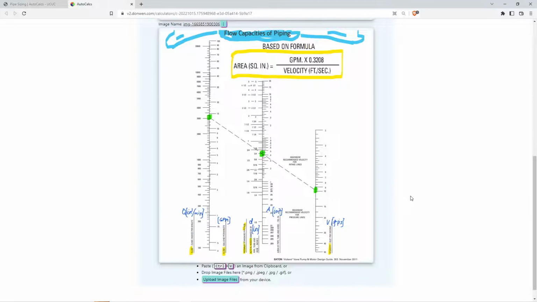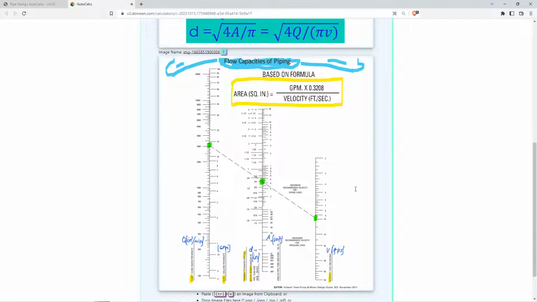I want to talk a little bit about the traditional way that I found from Eaton's website first, because I think people used to do this, whoever developed this must be a very smart guy, and I believe that nowadays people still use it.